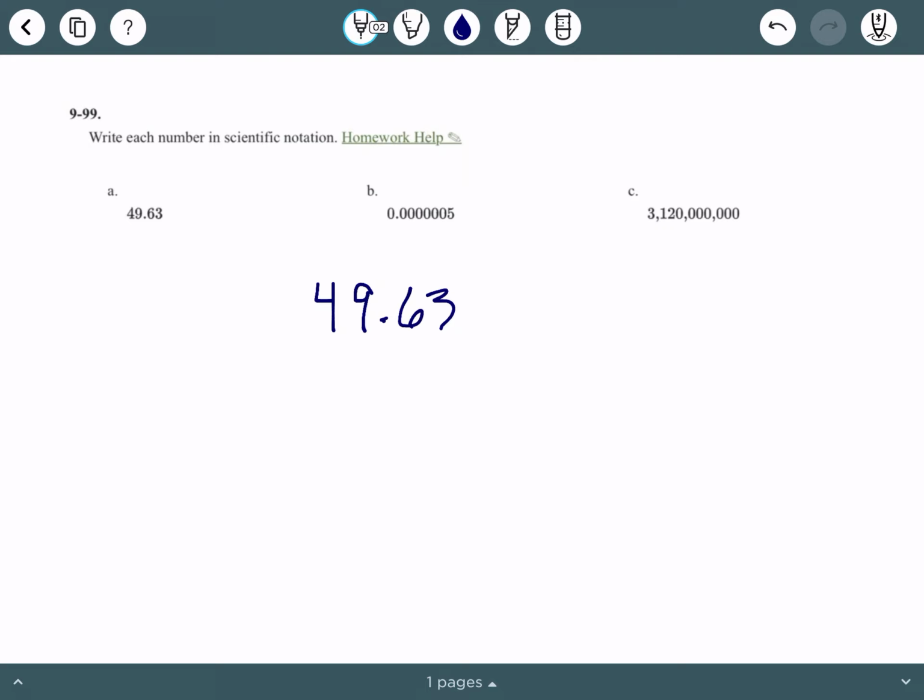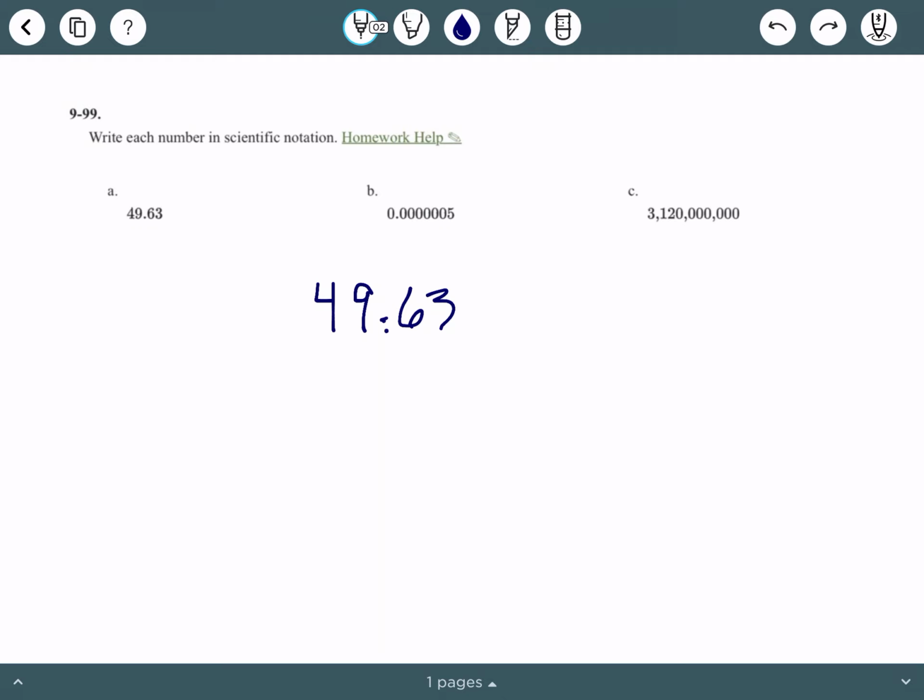So there are a few things to remember with scientific notation. What we need is to move the decimal so that this whole number here, our leading digit, is greater than or equal to 1 but less than 10.